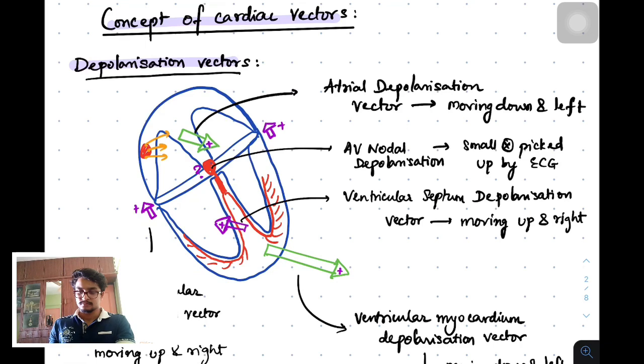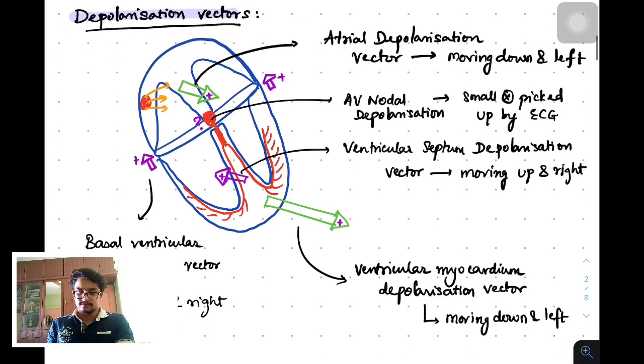There are some depolarization vectors that happen throughout the cardiac cycle. The first is the atrial depolarization vector. From the SA node, the depolarization wave passes to the atrial myocardium. When you combine the action potentials of all the atrial myocardium together, that gives rise to the atrial depolarization vector.